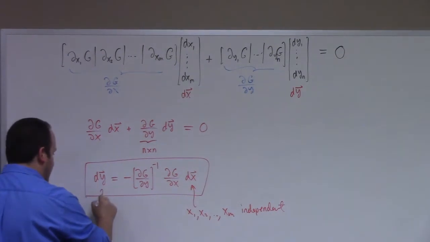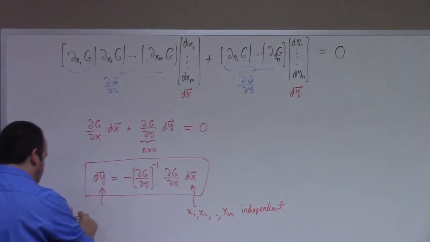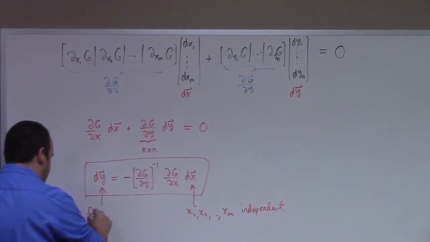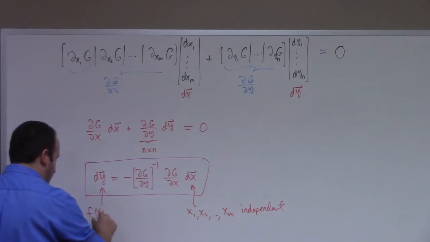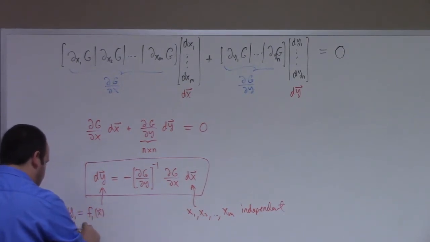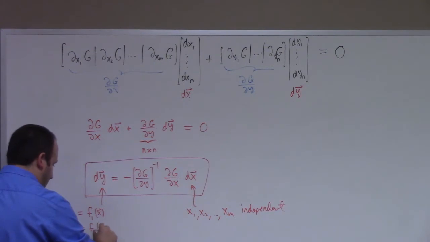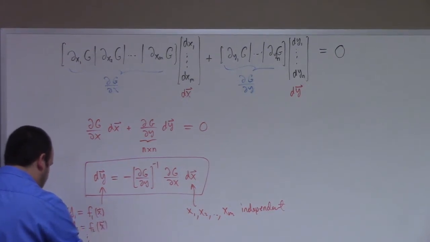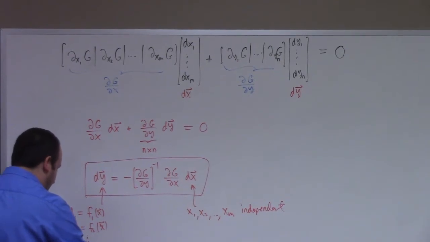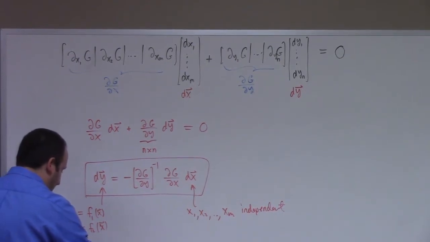And then the implicit function theorem says that y1 is some function f1 of the x variables, y2 is some second function of the x variables, and so forth, up to the nth y, which again is some function of the x variables.